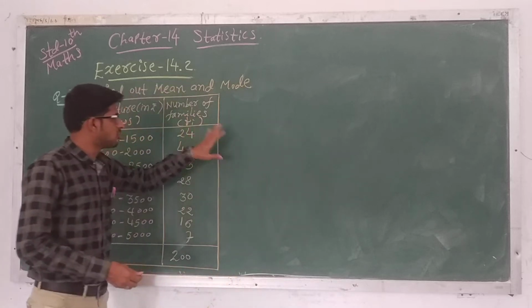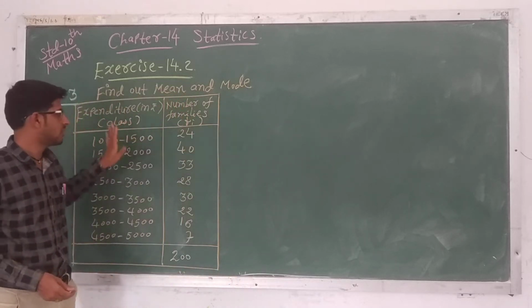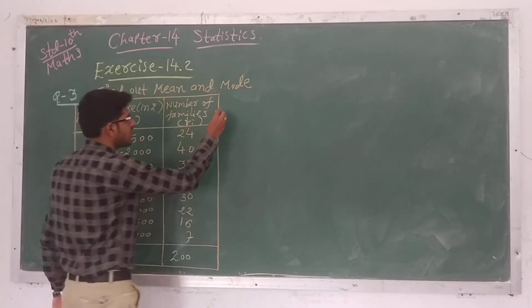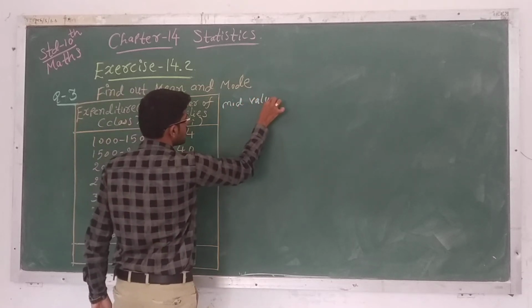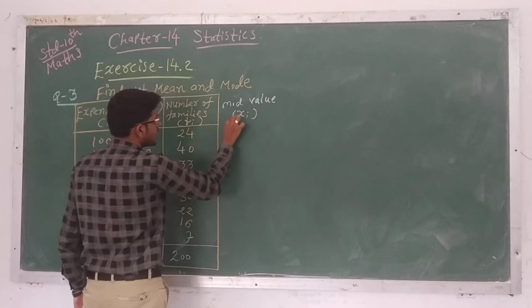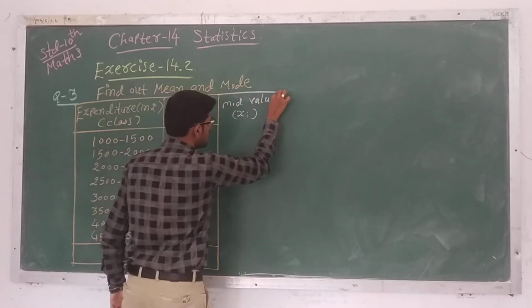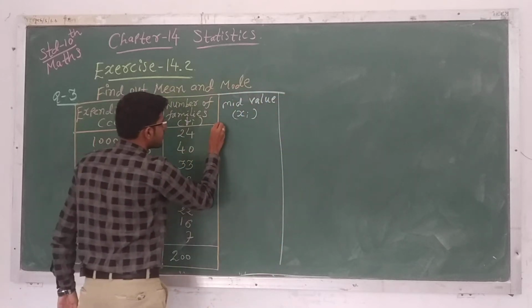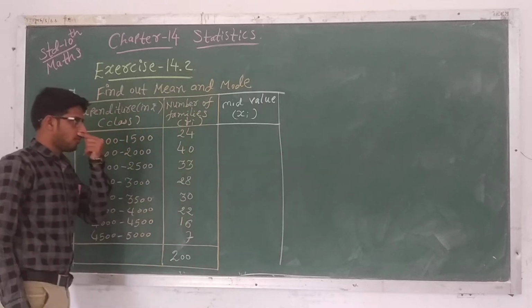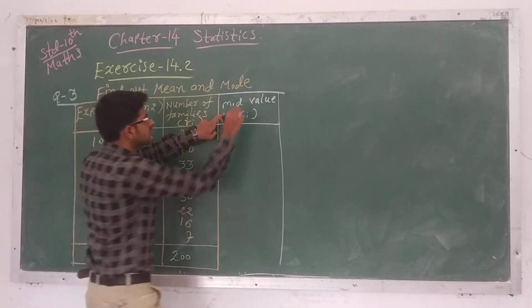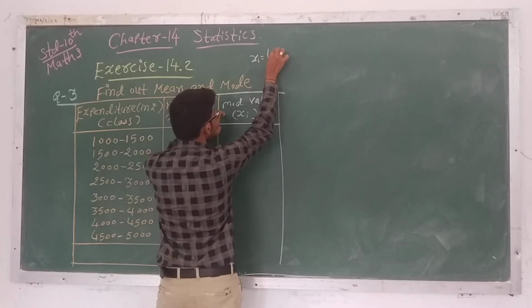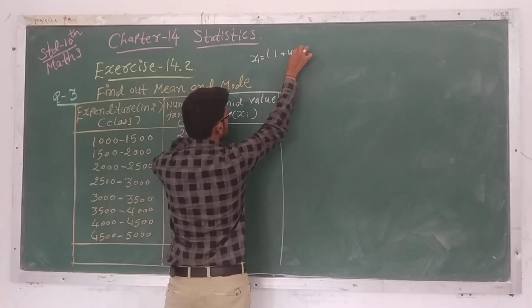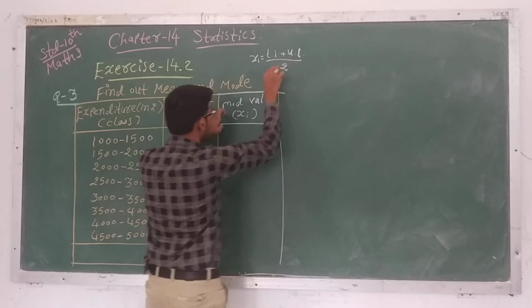So first of all we have to find the mean value of each class. So first we have to find xi, the mean value. It is denoted by xi. So the third column will be xi. The formula for finding the mean value is xi is equal to lower limit plus upper limit divided by 2.